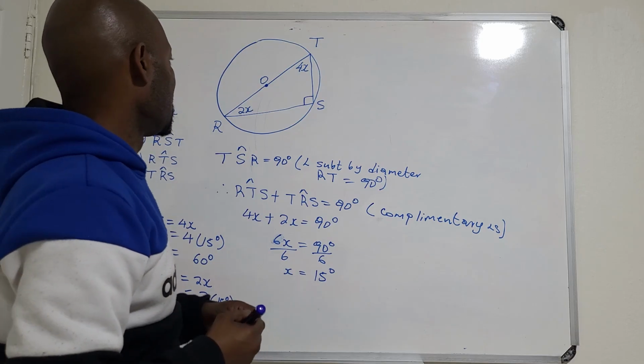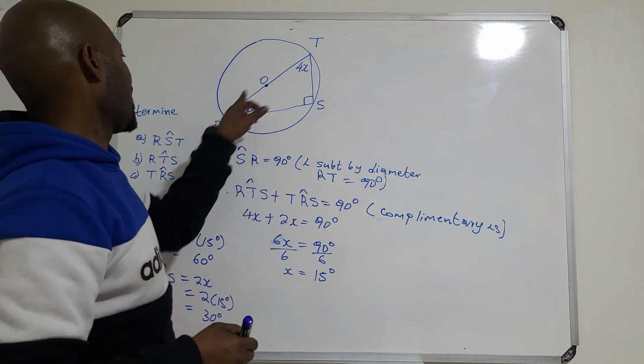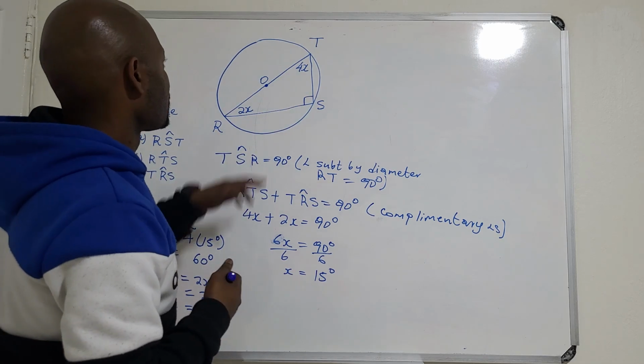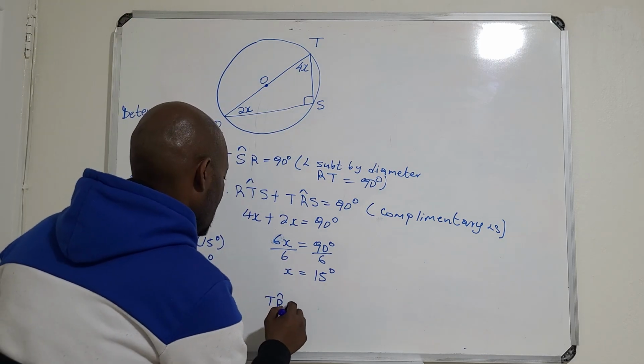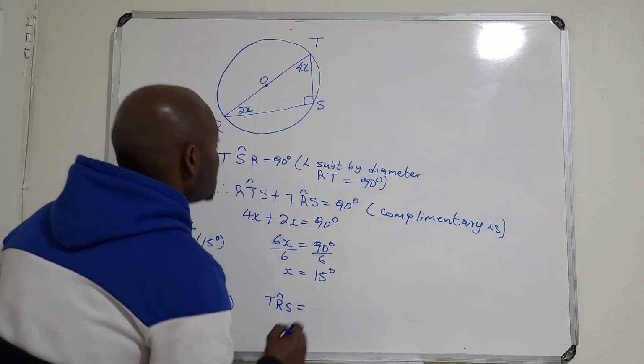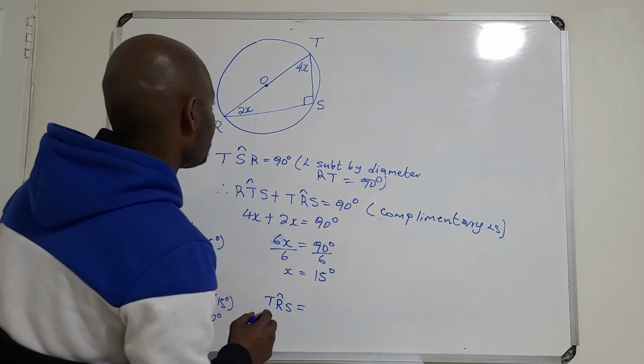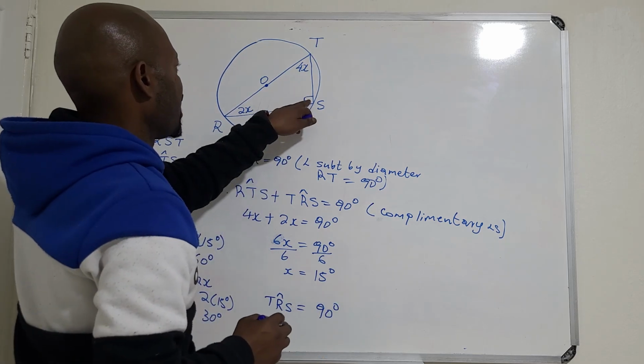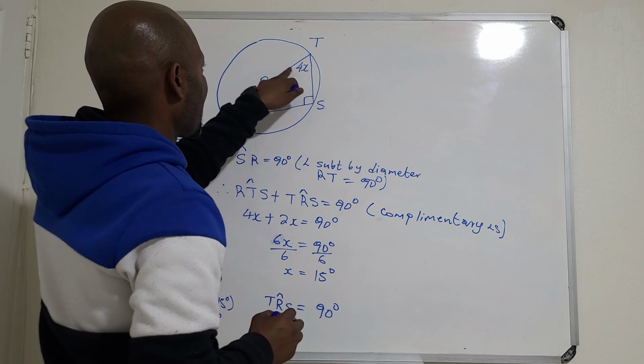If we wanted to find angle TRS, we could have just said angle TRS is equal to 90, which is this angle, minus that angle there.